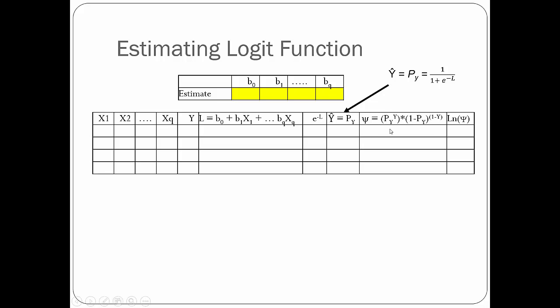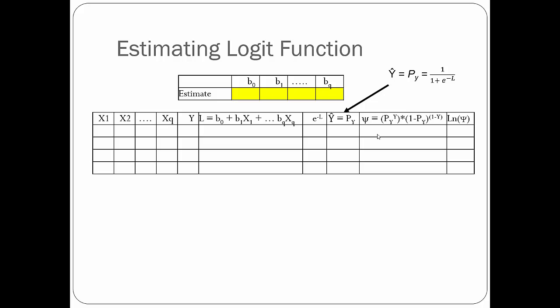This is the likelihood of this row. Then you copy that all the way down, so you'll have a likelihood for each observation. And when you multiply this column, you get the likelihood of the entire data set.